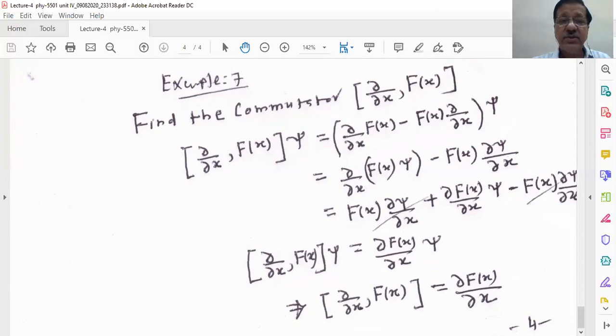When you solve these assignments, I'm sure that you will understand the concept of the Hermitian operator as well as the commutators. So I will stop here, and I request you to solve the assignments and submit them in time. Thank you very much.